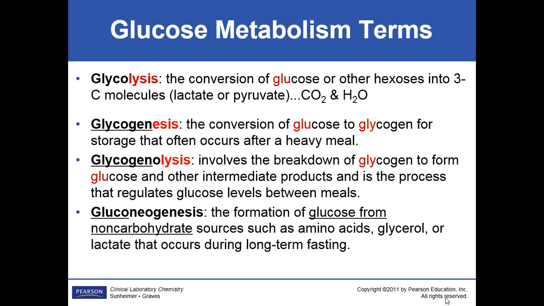Let's go to glycogenolysis. We said that third pathway, glucose was formatted to glycogen for storage. Well, when you need glucose and you don't have any, those glycogen molecules then need to come out and be broken up to make glucose, okay?